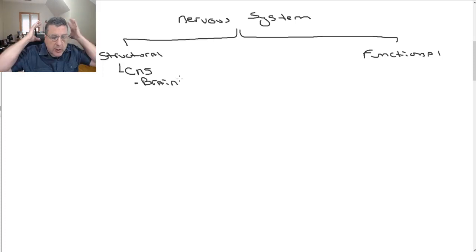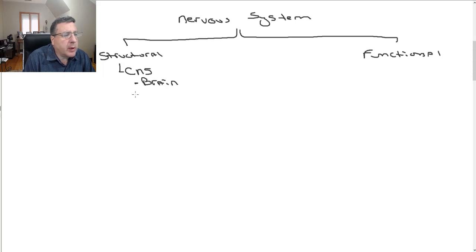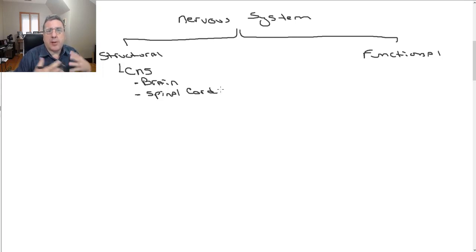It's enclosed by your skull, which is the bones, which protects the brain. And it also contains the spinal cord. The spinal cord is located within the vertebral canal. It's protected by the vertebrae of your back. So that is part of the central nervous system.